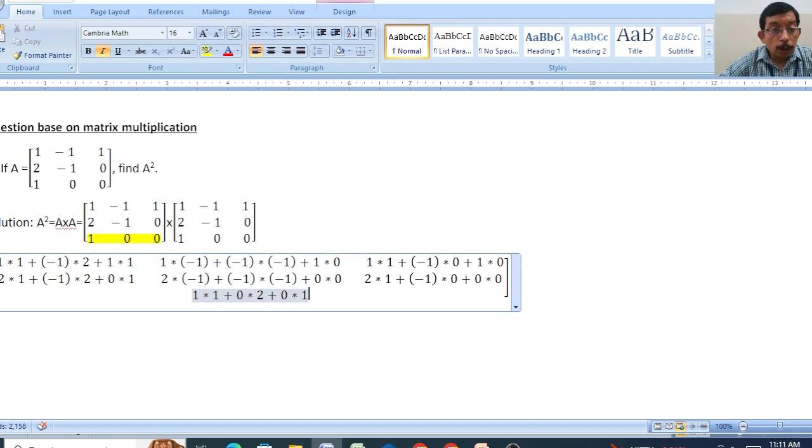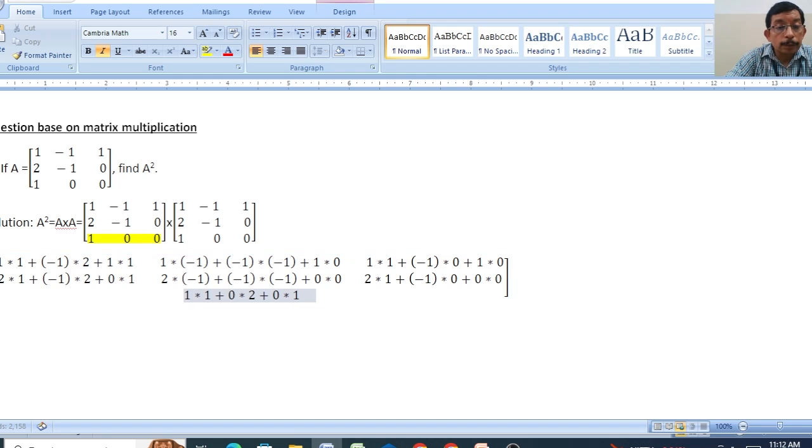The third row first column multiplication is complete. This is the third row first element: 1 multiplied by 1, 0 multiplied by 2, 0 multiplied by 1. It is clear, everyone?